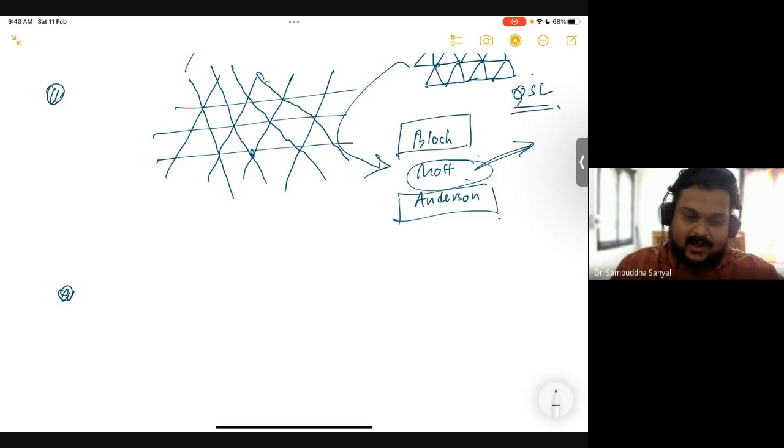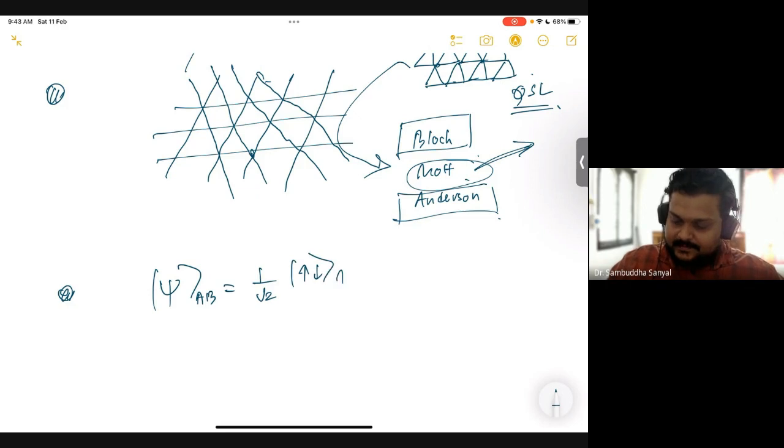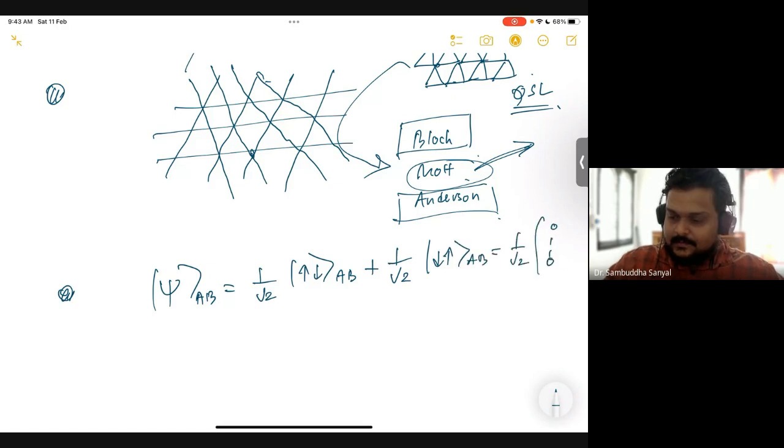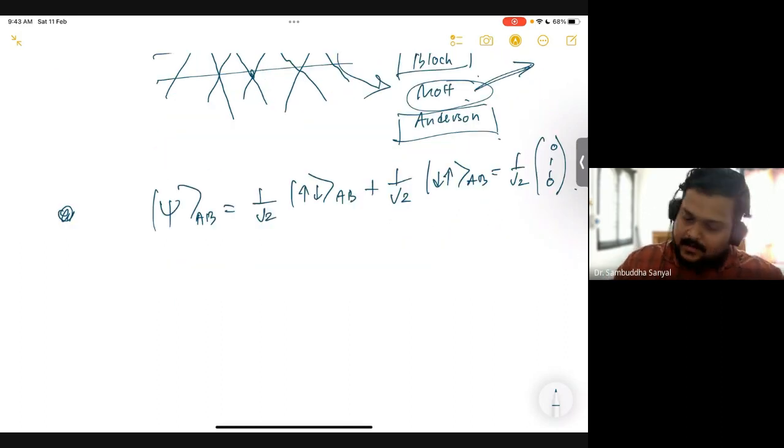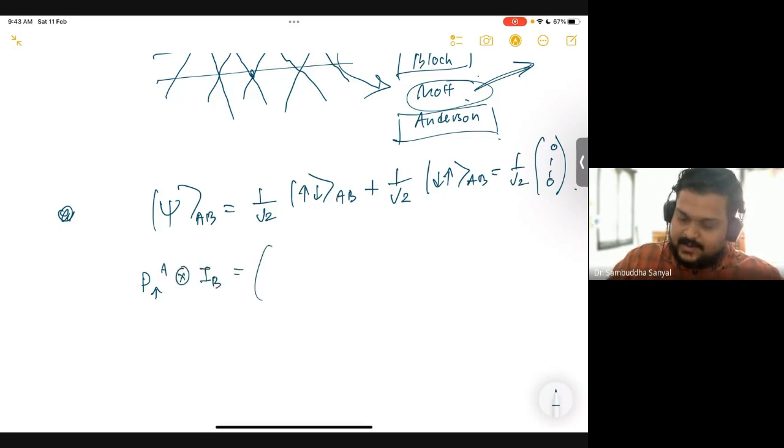So we earlier already described that my state is this, and my projection operator is this, Alice's projection operator. So I can write it as 0, 0. So this will look like.